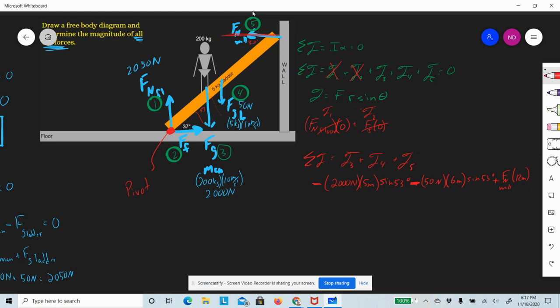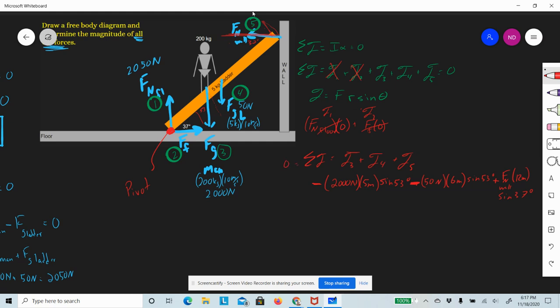The perpendicular component of this force, you can think of this being 53 out here, and it would be the cosine of that 53 or the sine of 37. I'm running out of space. Sine of 37 degrees. All of that equals 0.